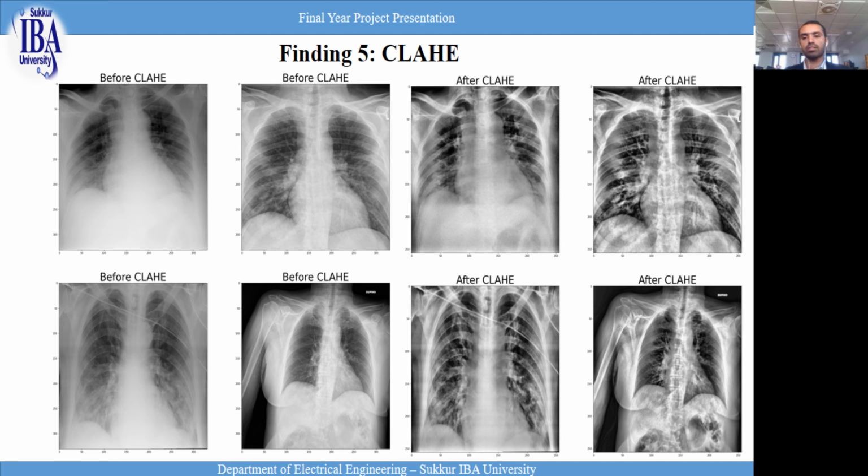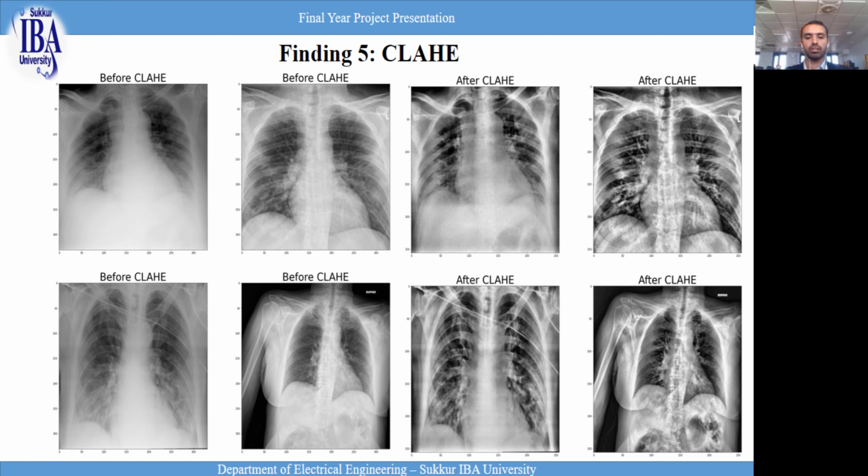If we see this image, it's a before image, and this image is the after image. This one is more dull, and this is more clear, and the same goes with this. This is before, this is after, this is before, and this is after.